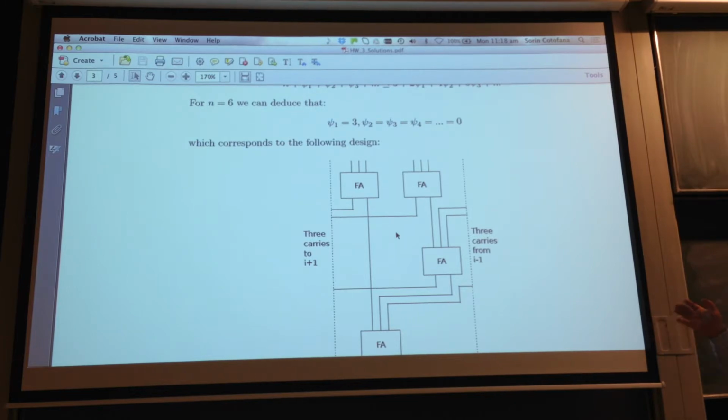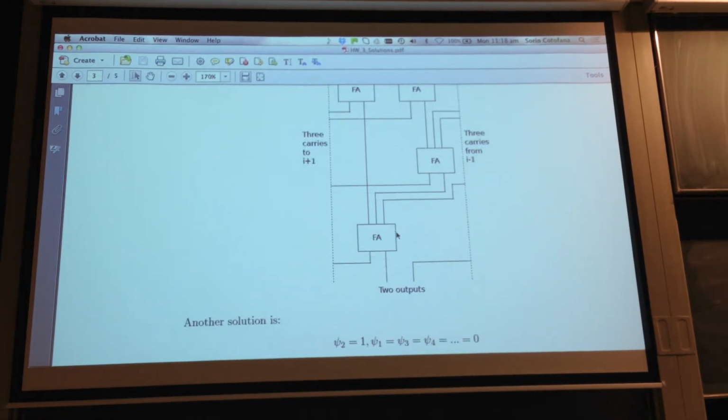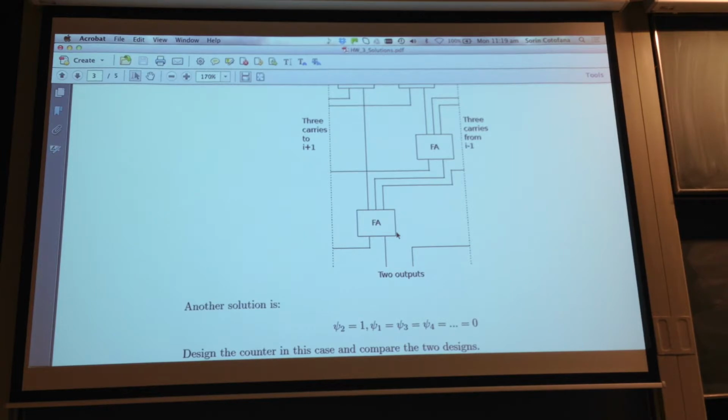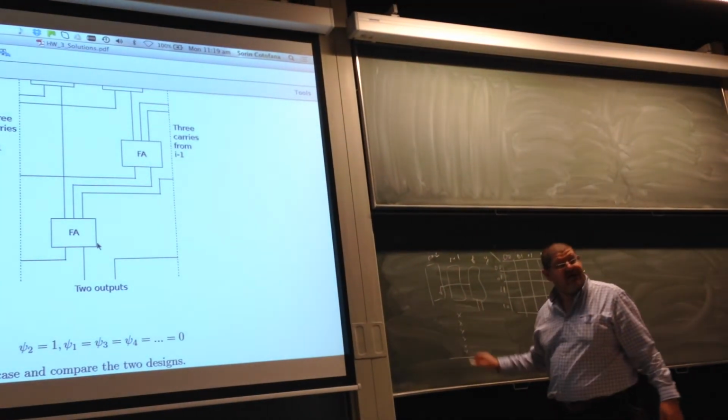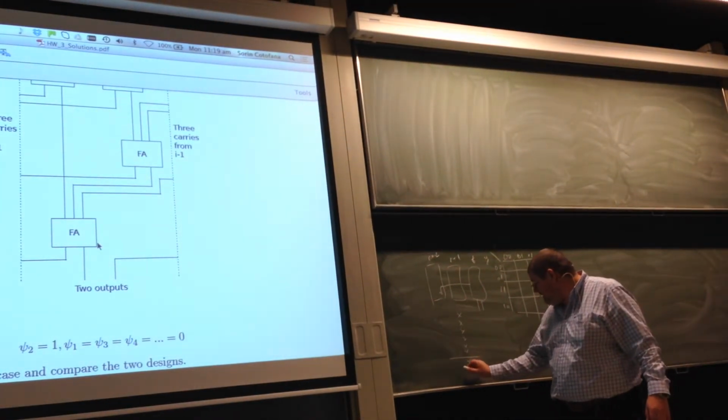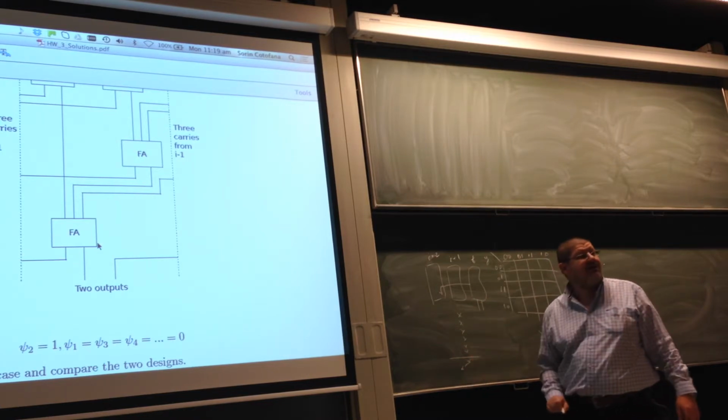Is there a reason why on the bottom of this slide there is a carry propagated from the previous position? Yes, because 1, 2, 3, 4, 5, 6. I'm applying this and I'm generating one here and one here, right?